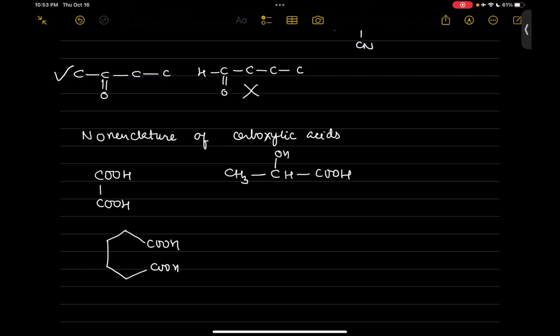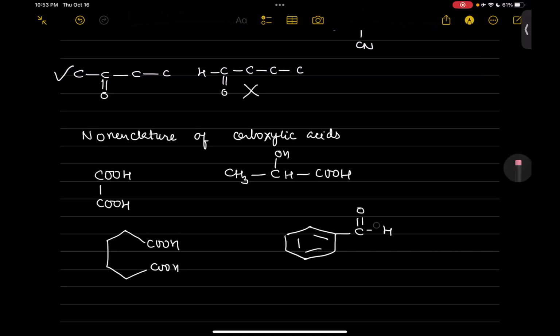Next, carboxylic acid. This is used in making nylon 6,6, right? This is the carboxylic acid which is having a benzene ring in it. They all have their common names which are very common.